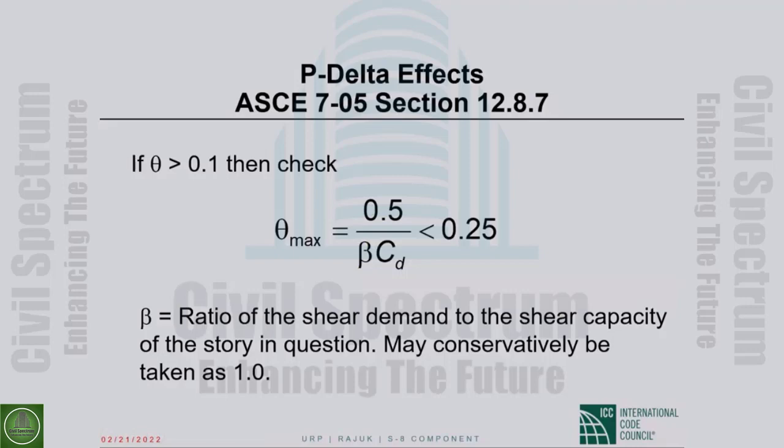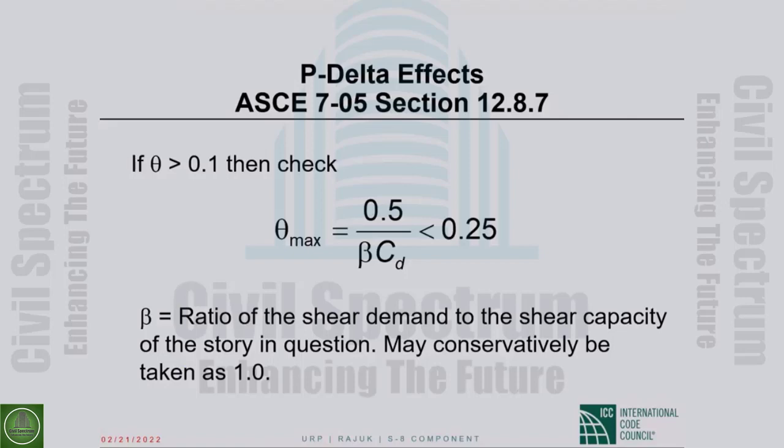C sub d you are familiar with. Beta is the ratio of the shear demand to the shear capacity of the story in question. Shear demand to shear capacity.